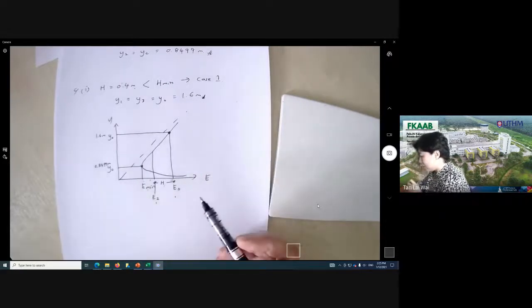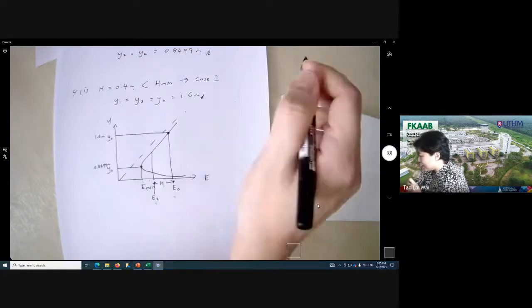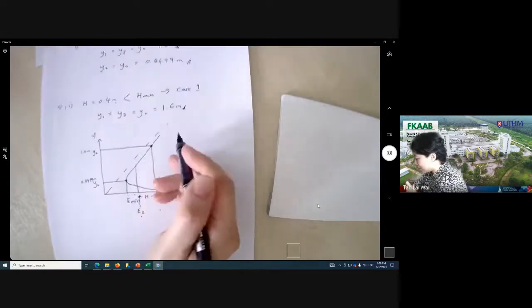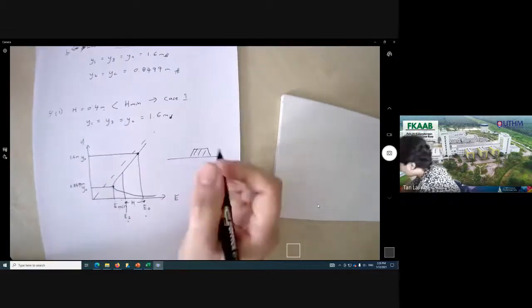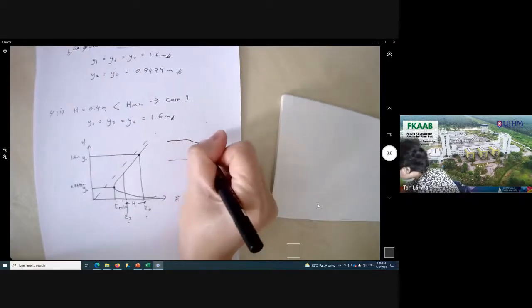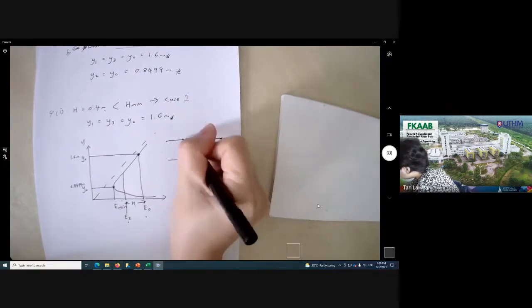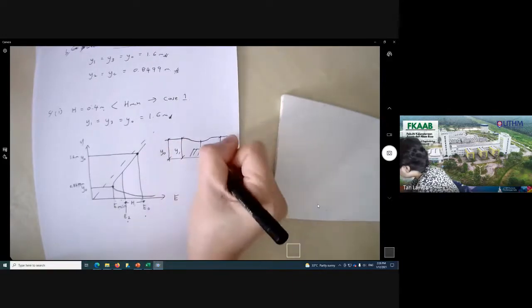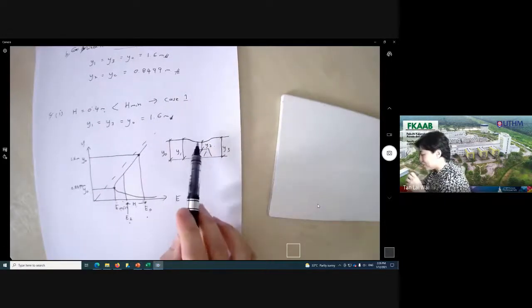So therefore, another thing, just now we have already established our y naught to be subcritical. Let me draw this flow here. Now our y2, you see there's no changes, this is not critical flow.